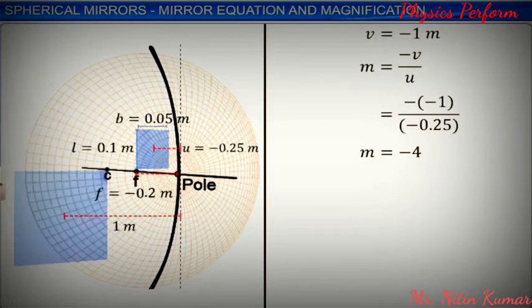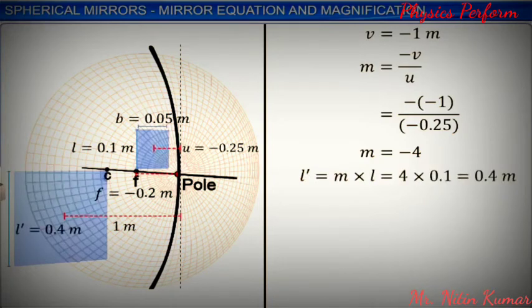Note that the minus sign for magnification M indicates that the image formed is inverted. Now the length of the image L' is equal to M into L, which is equal to 0.4 meter. And the breadth of the image B' is equal to M into B, which is equal to 0.2 meter.